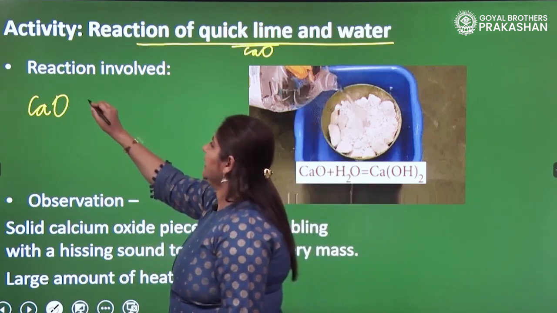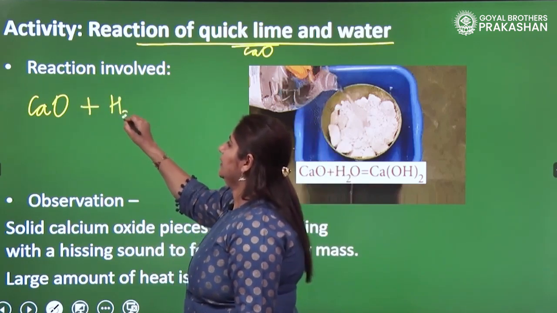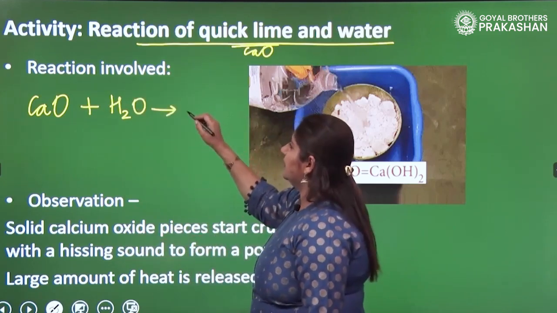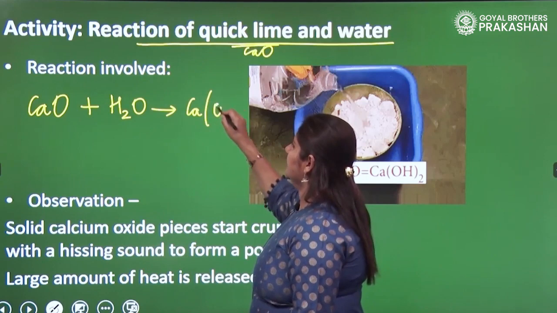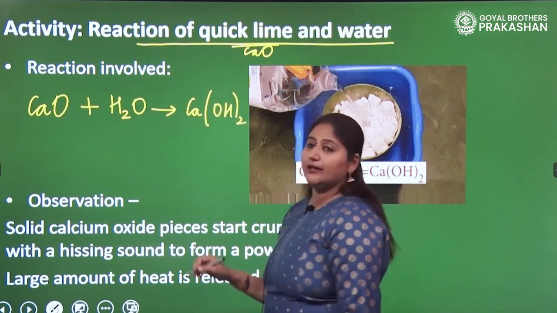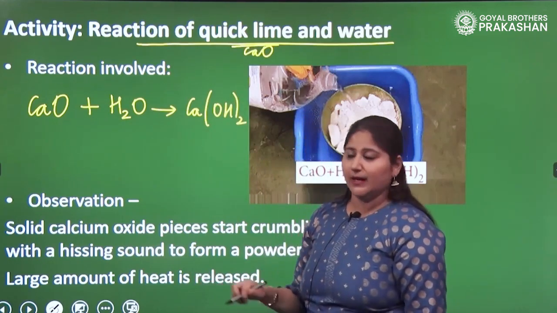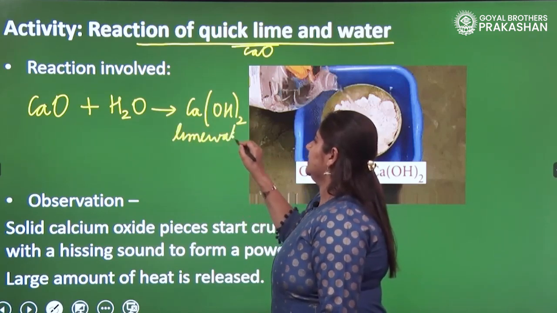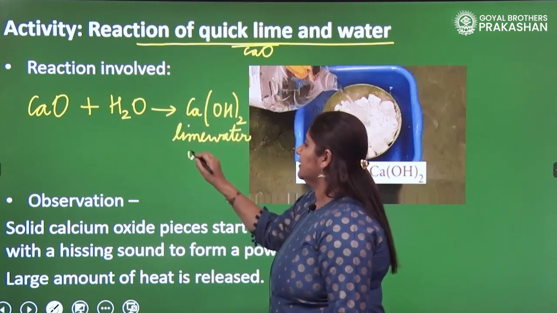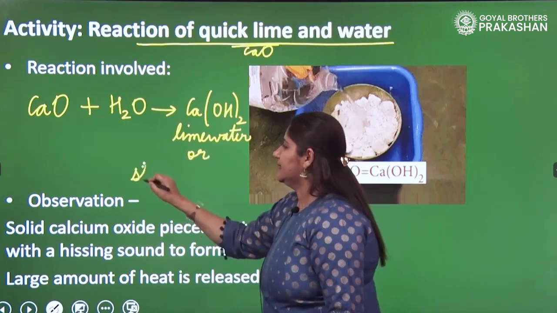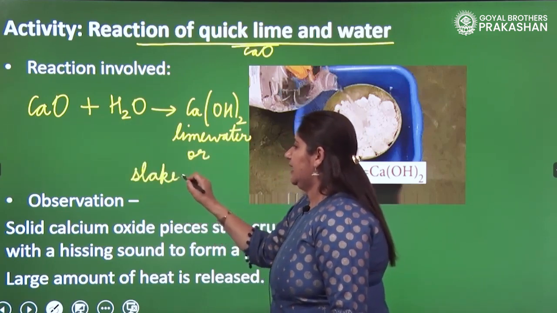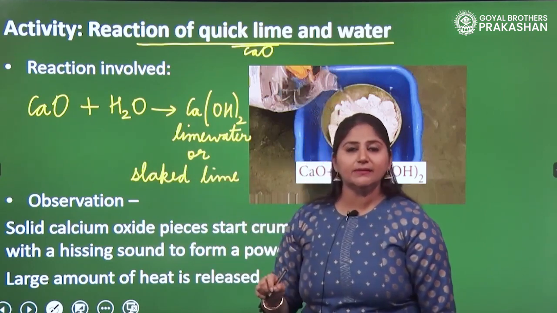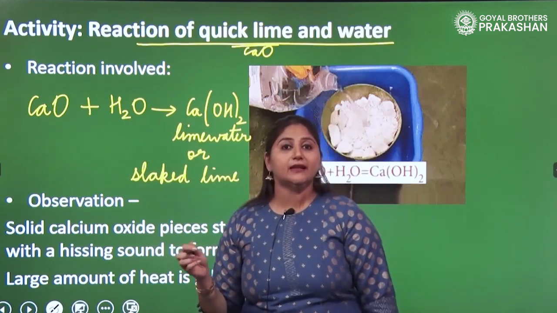So calcium oxide when reacted with water, they combine to form calcium hydroxide. Now what is calcium hydroxide? What is the other name of calcium hydroxide? It is lime water. It is also known as slaked lime. So children, keep in mind the common terms that we usually use for various compounds.